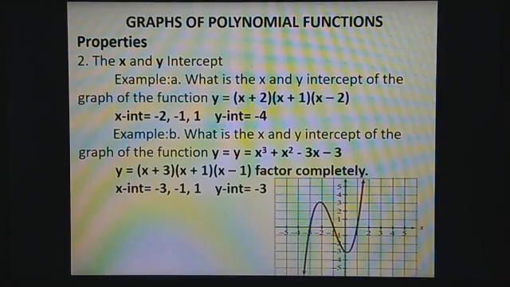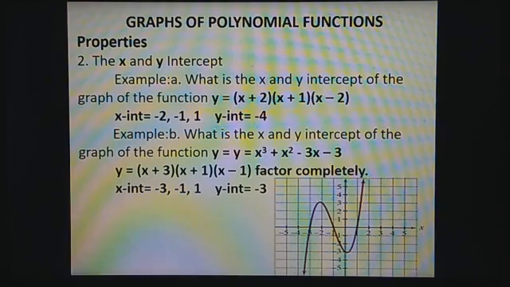So, dahil kita na natin siya in factored form, ang kanyang mga x-intercept ay negative 3, negative 1, and positive 1. And then, ang kanyang y-intercept, if we multiply 3, 1, and negative 1, dun sa factor yun manggagaling ha. Doon sa first factor ay 3, sa second factor ay 1, sa third factor ay negative 1. I-multiply natin yung tatlong yon. Ang product niya is negative 3, so that is our y-intercept.